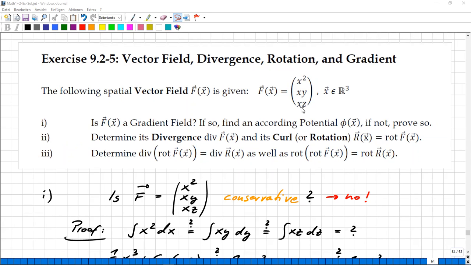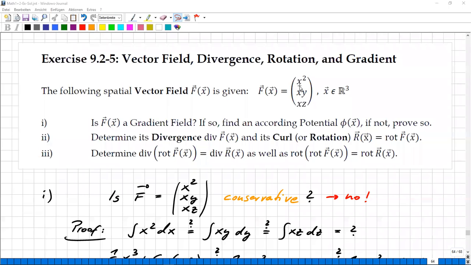So first of all, find out whether this is a gradient field. Now, I already told you quite surely it can't be a gradient field because it seems to have rotation. This is due to the fact that the x variable appears everywhere. And okay, this is just a matter of experience to see this with blank eyes.